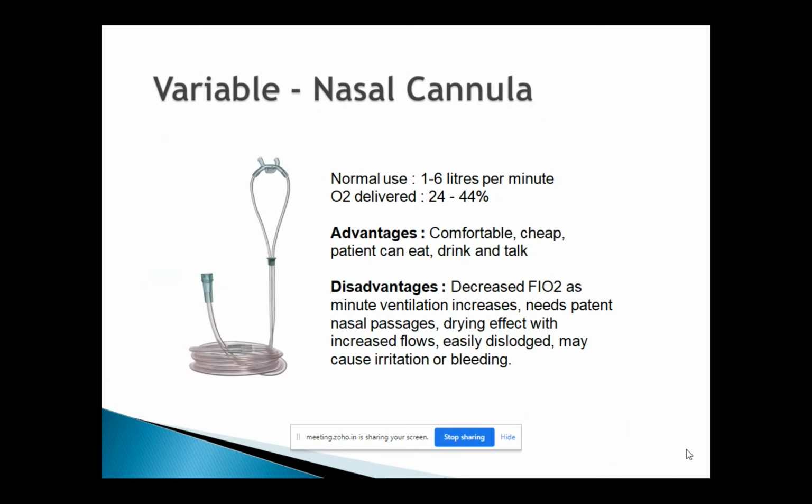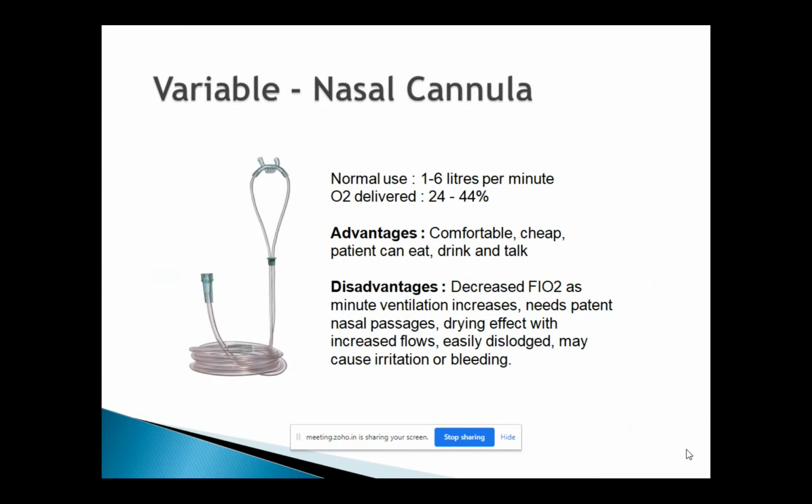For example, if I put myself on 2 liters of oxygen via nasal cannula, and a 6-foot patient is on 2 liters via nasal cannula, what we are both achieving will be completely different, because the oxygen concentration varies with the respiratory rate. I may be doing 12 breaths per minute.